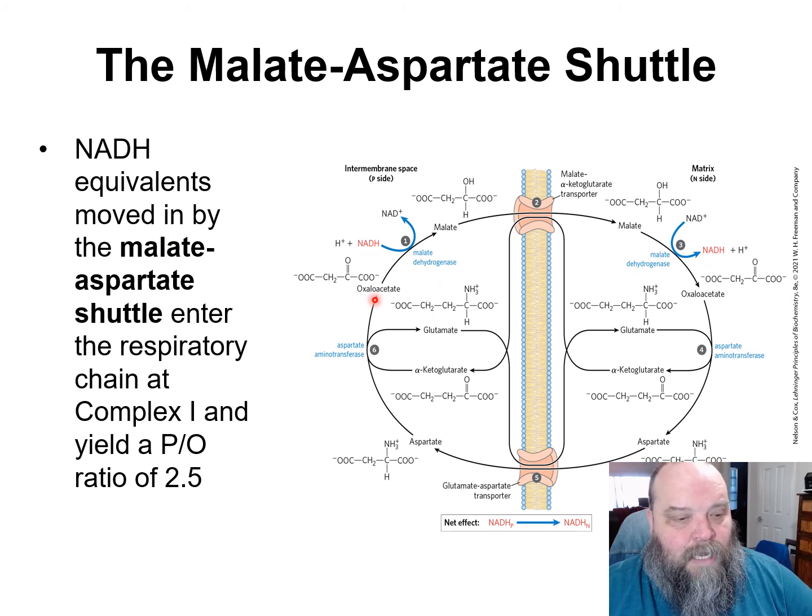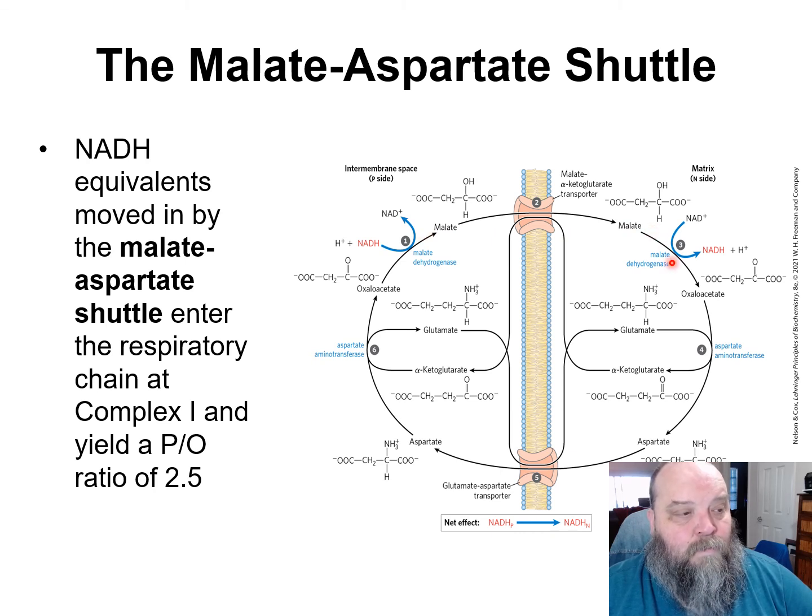Notice here, oxaloacetate in the cytoplasm will be reduced by malate dehydrogenase. The difference between oxaloacetate and malate is carbonyl versus hydroxyl. We've already talked about the fact that there is a transporter that can take malate from the cytoplasm and move it into the mitochondria, from one side of the membrane to the other.